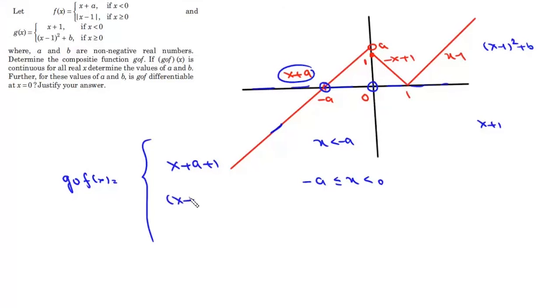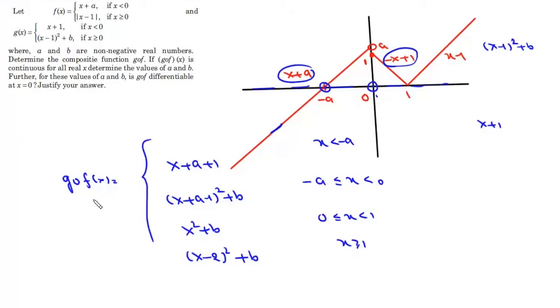So it will be x plus a minus 1 whole square plus b, and then we have from 0 to 1. So if x lies between 0 and 1, this is minus x plus 1. It will go in this. So it will be x square plus b, and if x is greater than 1, then it will be x minus 2 whole square plus b. So that is the definition of g of fx.